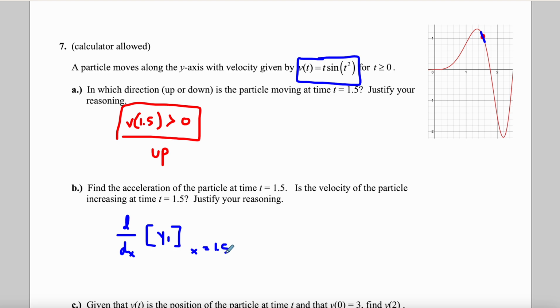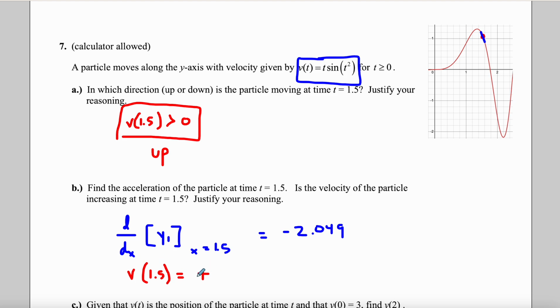If I go ahead and plug that into math 8, that ends up giving me about negative 2.049. So I've got a slope of negative 2.049. Now, if I look at my output or my velocity, I could actually go ahead and plug that in. But what I'm going to go ahead and do is just say that this is positive.